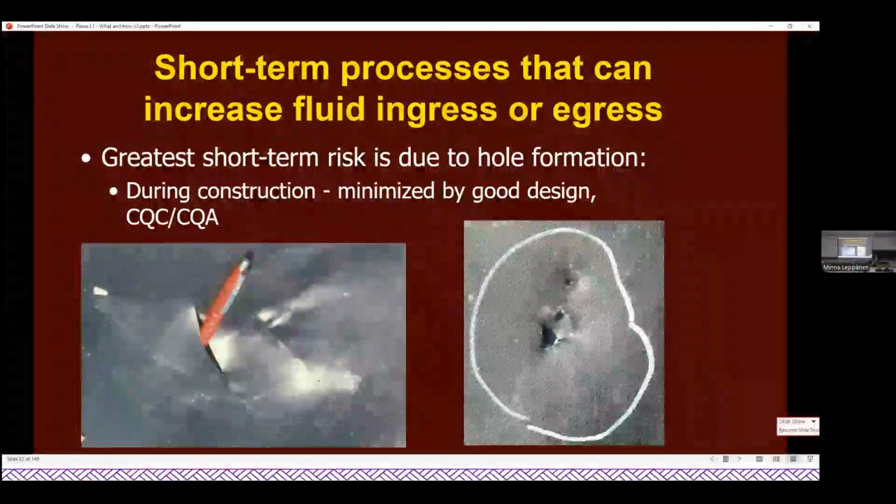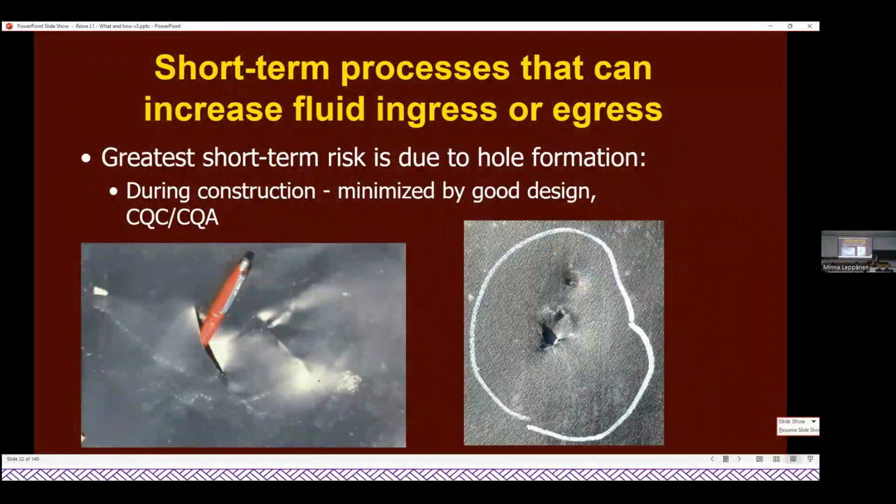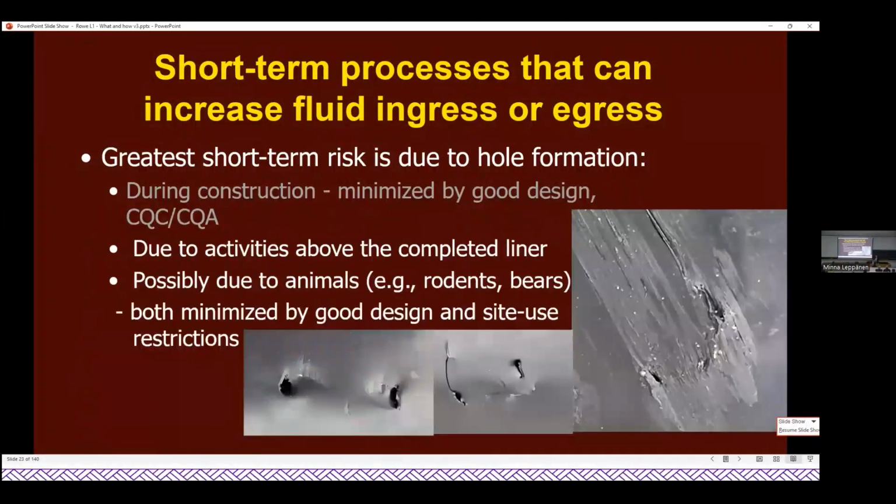Those that occur during construction can be minimized by good design and good quality control and quality assurance. So that is something we can control. If we have an exposed geomembrane, it's also exposed to the weather, it's exposed to animals, and there we have to take proactive measures to minimize the damage that can occur.